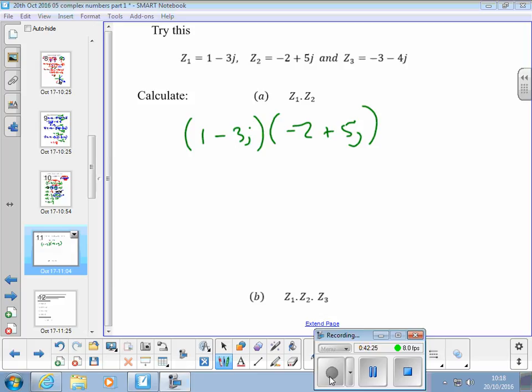Minus 2 plus 5j plus 6j minus 15j squared, so minus 2 plus 11j.